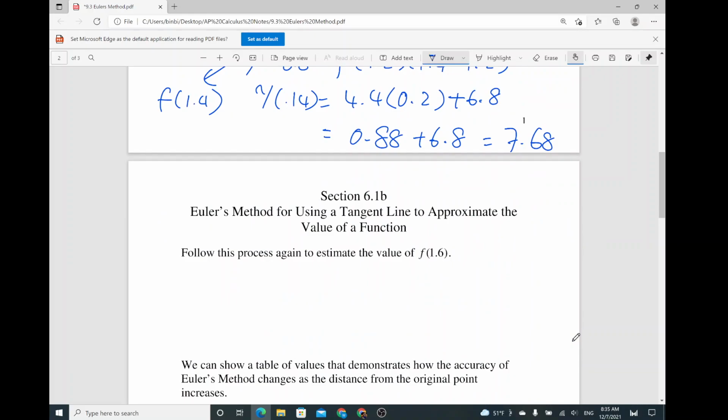And then follow the same process again to estimate the value of f of 1.6, using the previous point. The previous point we have is 1.4, comma, 7.68.